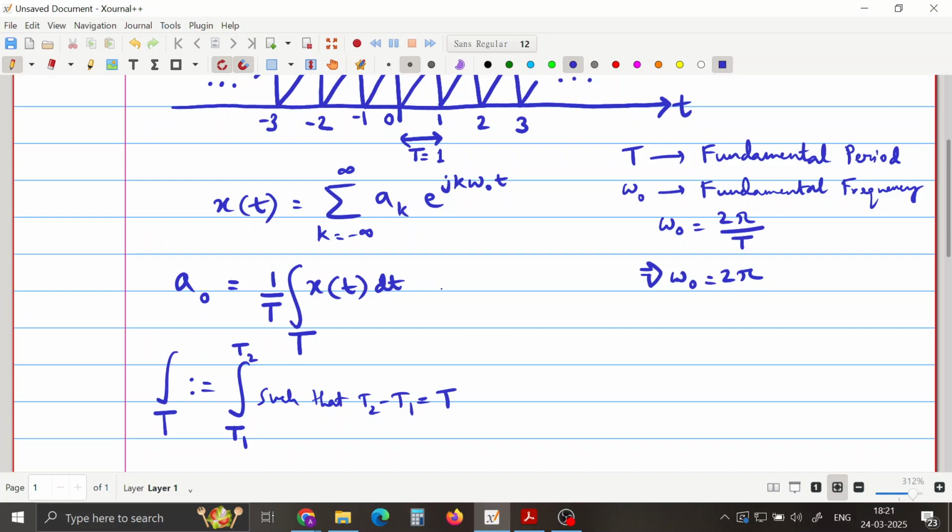Okay, so for simplicity, let me actually take the limits from 0 to capital T. So a naught is 1 by capital T, 0 to capital T, x of t dt. And we already know that capital T in our signal is actually 1. So this is nothing but 0 to 1 x of t dt, since T is 1.